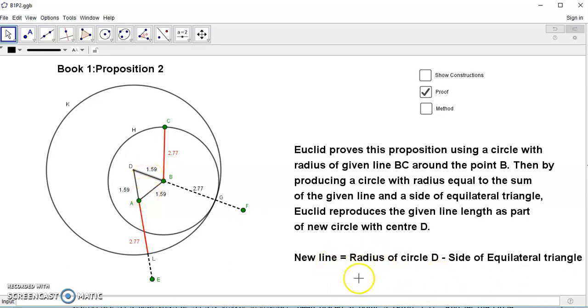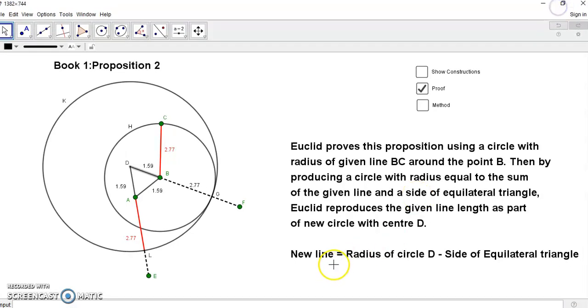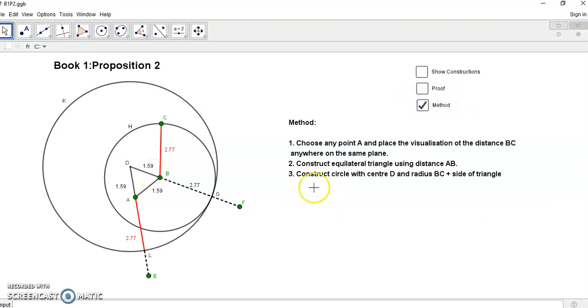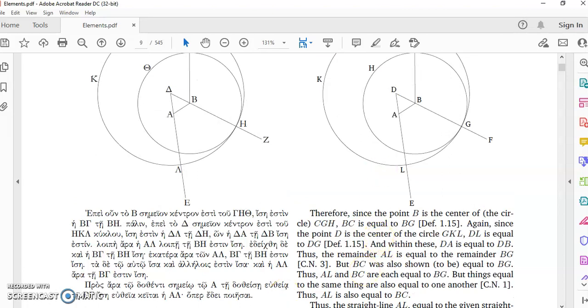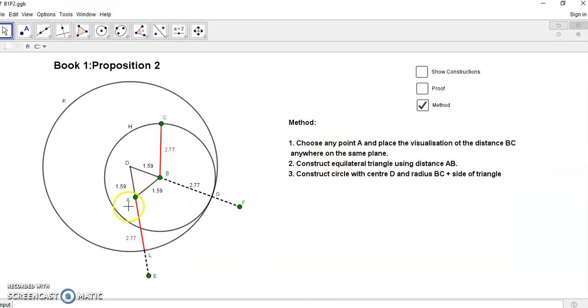So in other words, what you're really looking at is that the new line, this AL, is equal to the radius of the whole circle D, minus the side of the equilateral triangle. And the method is easy. It's just a 3-step method. You don't have to do all that arguing that Euclid does in his book, so all this here is totally unnecessary.